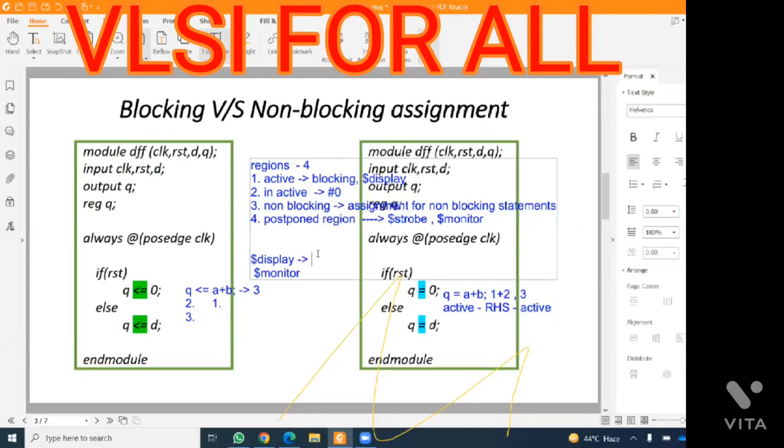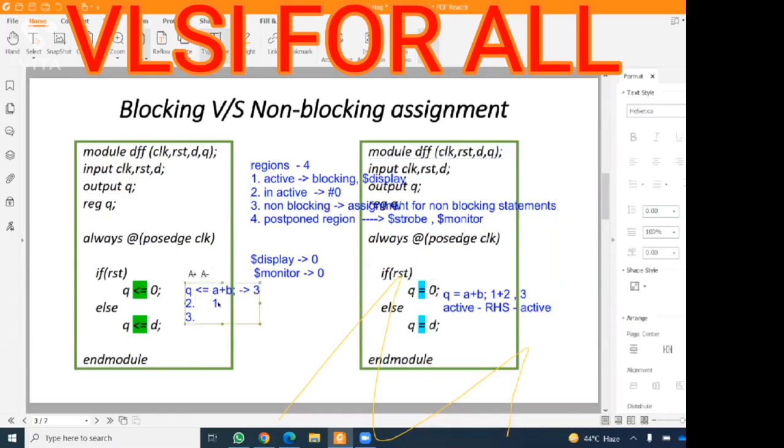Okay. So, for example, if I'm not changing any value, for example, there is a variable A which is always 0. What will $monitor print? It will just print 0. And $display will print the value present in the active region because it executes in the active region. So if there is an assignment, for example, this assignment will happen in non-blocking, but your $display will still print the active region value.